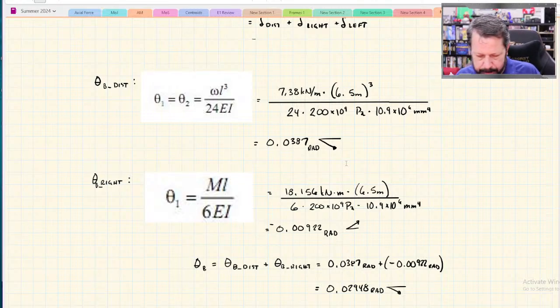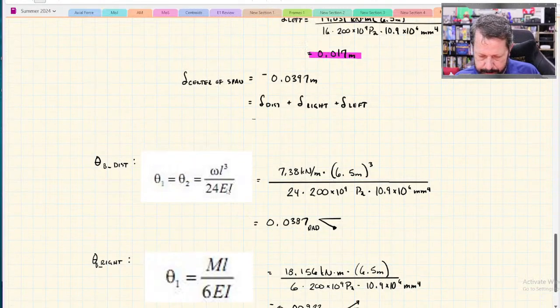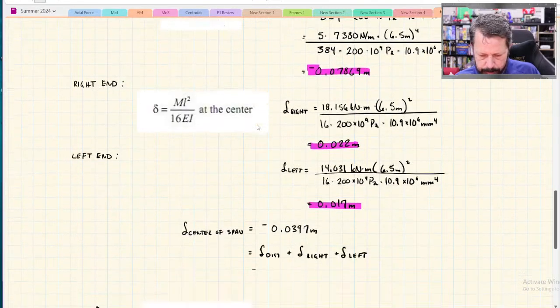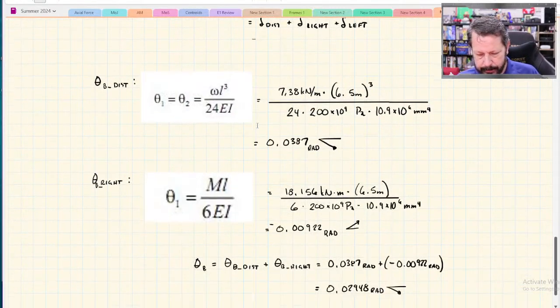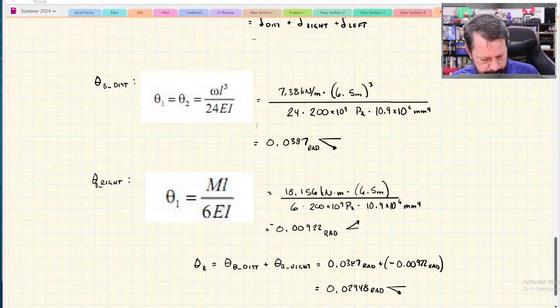Let's make sure that I'm thinking of this one correctly. Yeah, that number's right. I think I did everything in newtons, but I think I would have gotten a really wrong number if I didn't do that. But I am checking to make sure I didn't do some weird thing. It looks like the distributed load is right, but maybe I'm not getting the one from the point. Yeah, the point load correct.